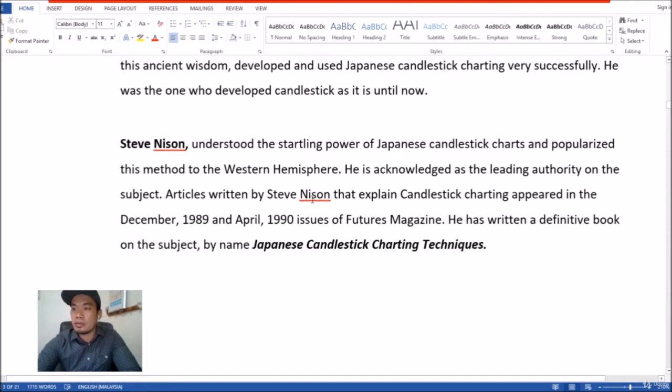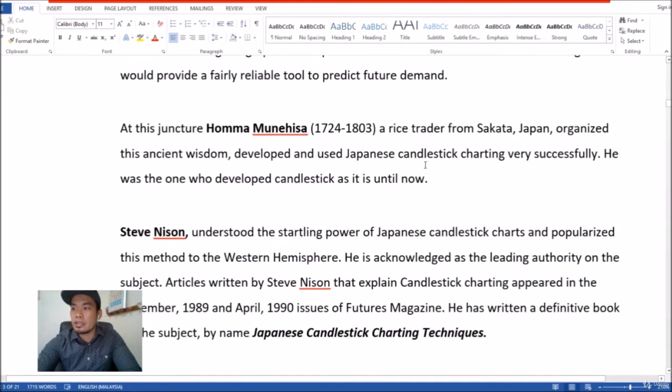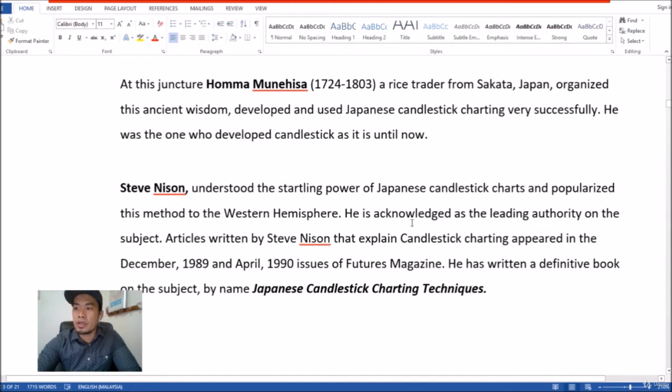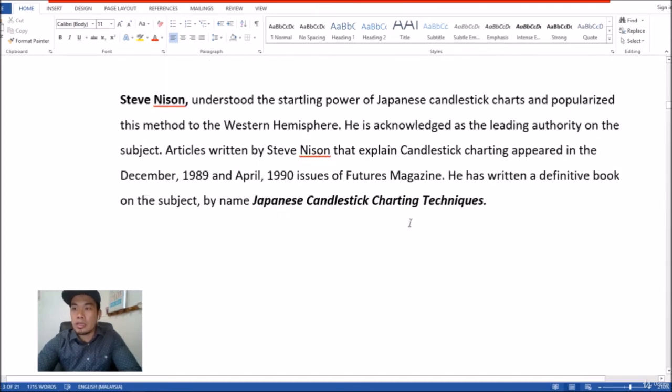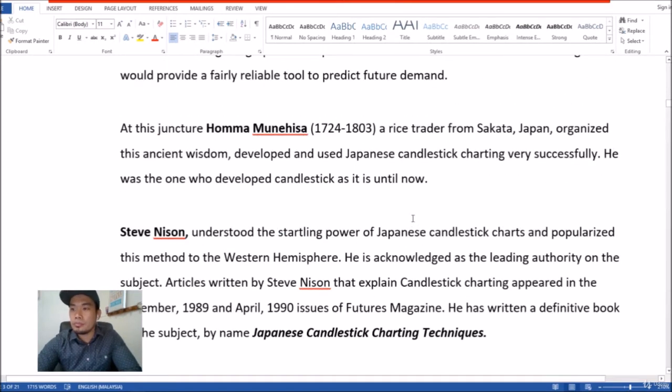He is acknowledged as the leading authority on the subject, and he is the one who developed candlestick up until now.